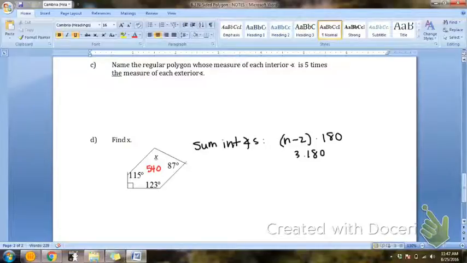So now it's an algebra problem. X plus 87 plus 123. I have a 90-degree angle in there. Plus 115 equals 540. Rule of algebra is to combine like terms first.